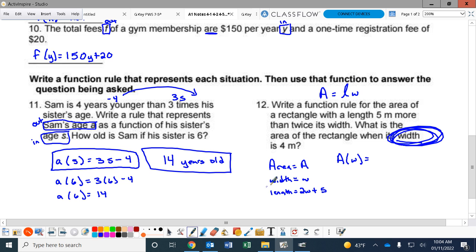So area based on the width would be equal to the length, which is 2W plus 5, times the width, which is just W. So what does it say the width is? 4. So A of 4 equals 2 times 4, double parentheses, I like it better with the dot, plus 5 times 4.